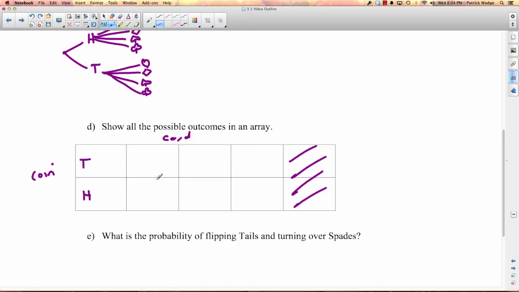So this will be my tails, heads. When you flip the card, you could get hearts. So there's my hearts column. Here's my diamonds column. Here's my spades column. And here's my clubs column. And there you go, we got them all there.